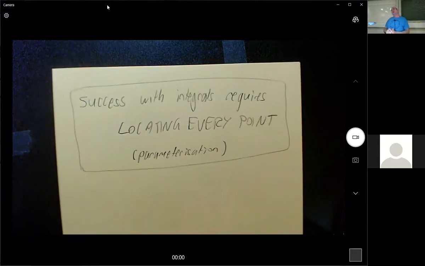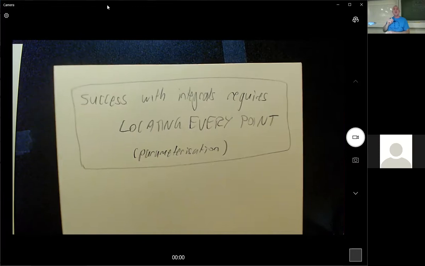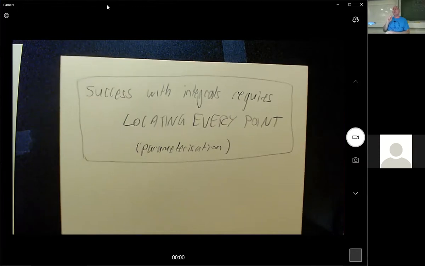When you locate every point, if you've got a two-dimensional object, then there's going to be two numbers that when they change will move the point on the surface. A three-dimensional object, there'll be three numbers that when you move them, it will move the point within the volume. And with a one-dimensional object, it'll be one number that when you move that number, it moves the point within the curve.